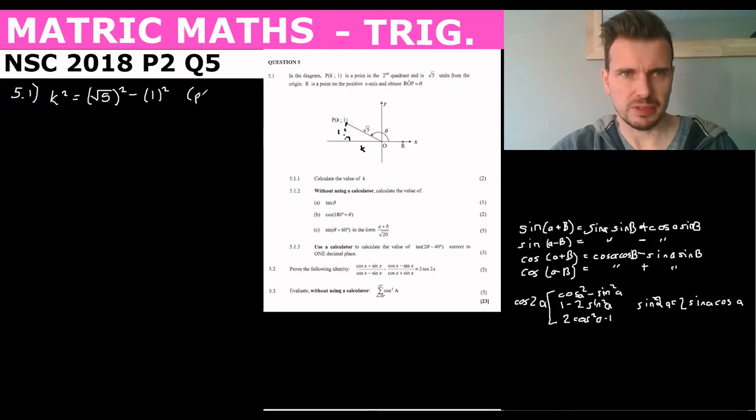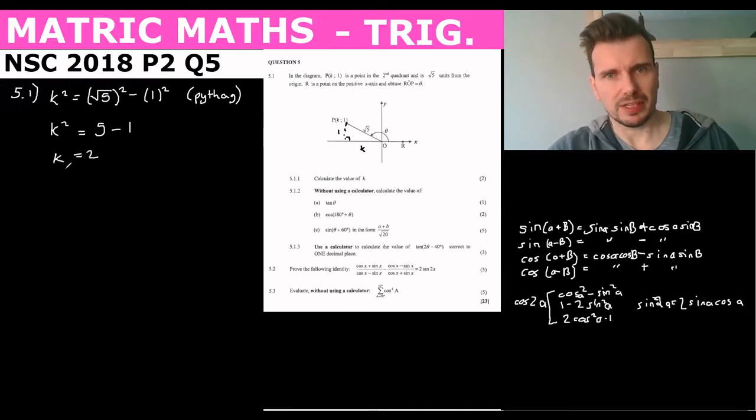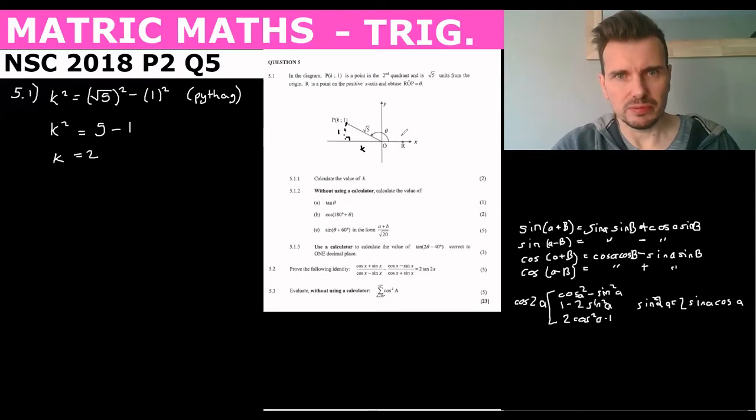And that's just Pythag. And so then we get k squared is equal to 5 minus 1. So k squared equals 4. So then we know that k is equal to 2.